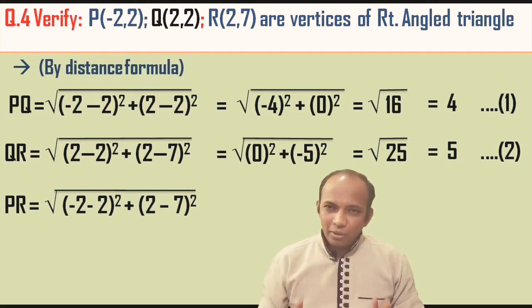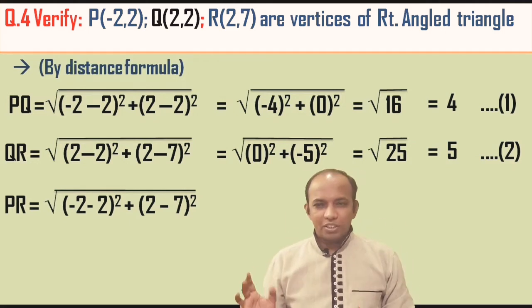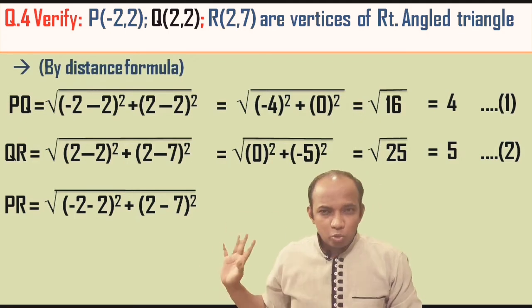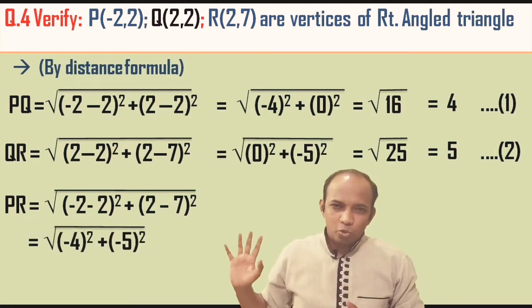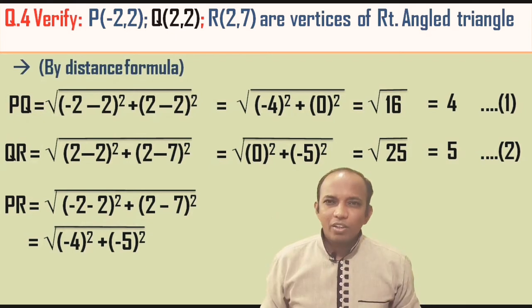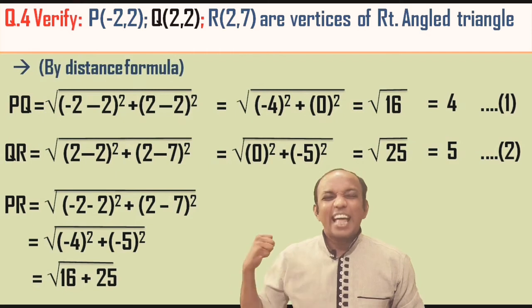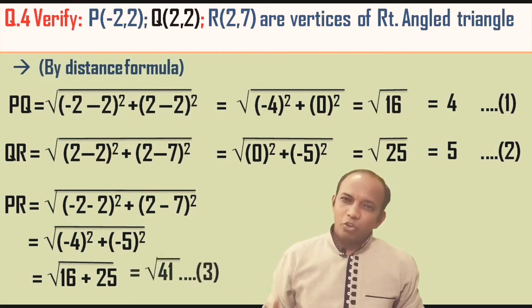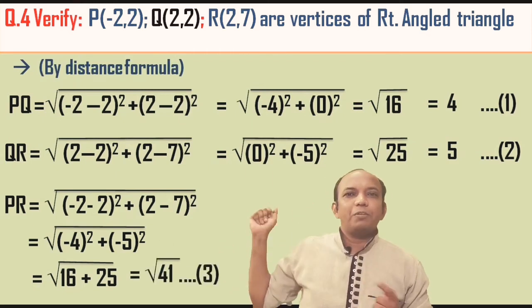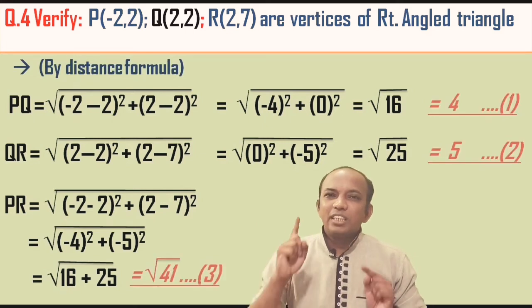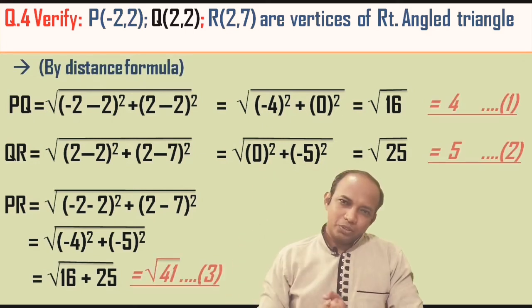Now we have to find side PR, again by using the distance formula. Input the values properly. After carrying out the operation, we get (-4) the whole square plus (-5) the whole square. After squaring, we get positive numbers, that is under root 16 plus 25, and that results in square root of 41. And now check 1, 2, 3. Which is the longer side by those values?